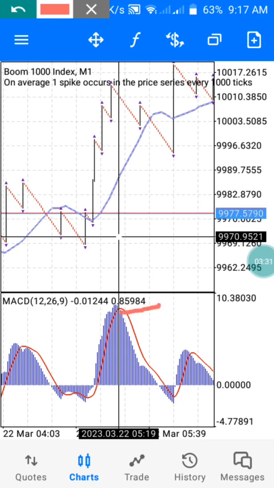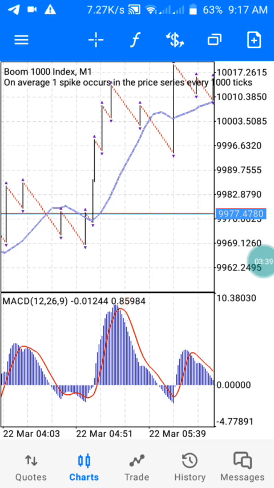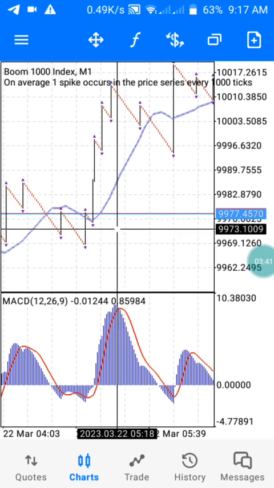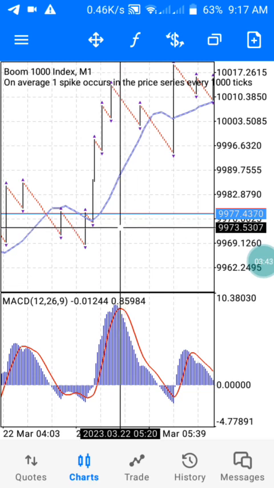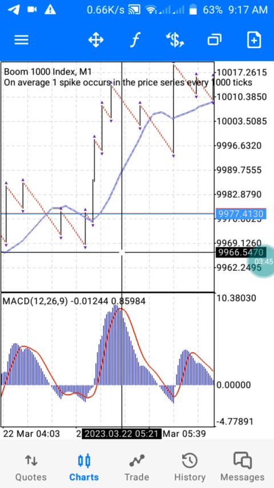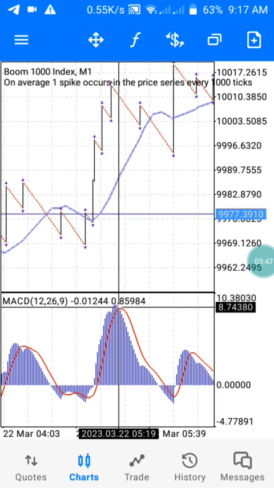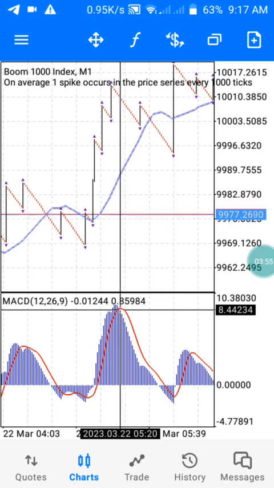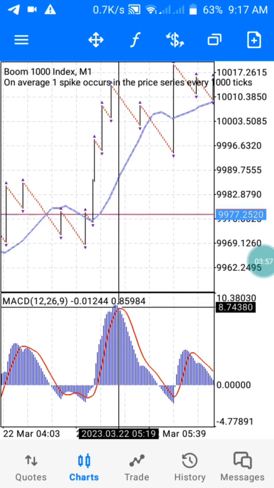Anytime it breaks out of the MACD, that is the time for you to enter the market. Let me show you. There is a breakout between the MACD and the moving average at this section. The MACD shows up to this level, and my moving average flows up to this level, but there is a breakout. The moving average moves outside of the MACD.